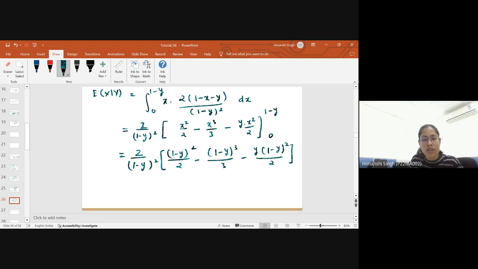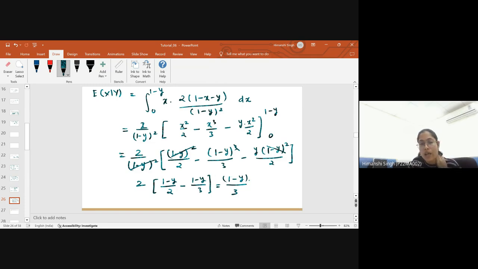Here the 1 minus y square cancels, so it will be twice of 1 by 2 minus... If I combine the first and last term, it will be 1 minus y by 2 minus 1 minus y by 3. Taking the LCM 6 and cancelling with 2, it will be 1 minus y by 3.